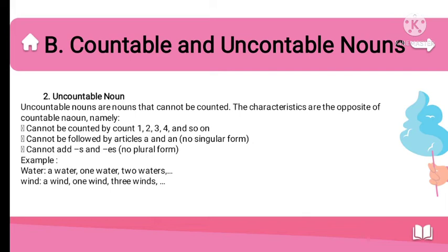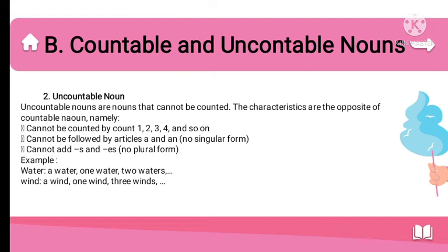Cannot be followed by article a and an, so no singular form. Cannot add s and es, no plural form. Example, water. A water, one water, two water is not possible. Cannot count.